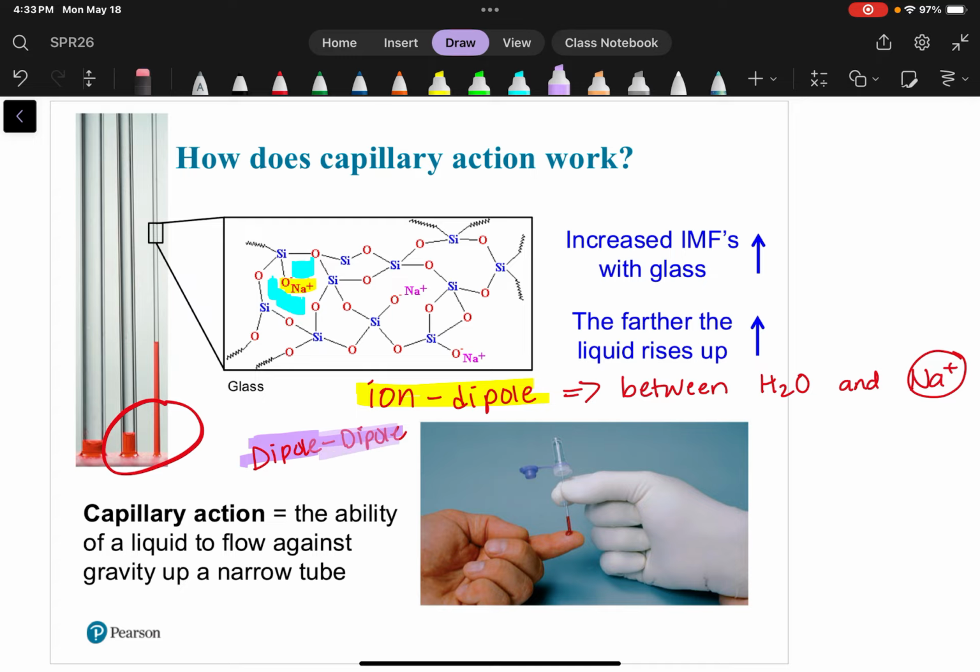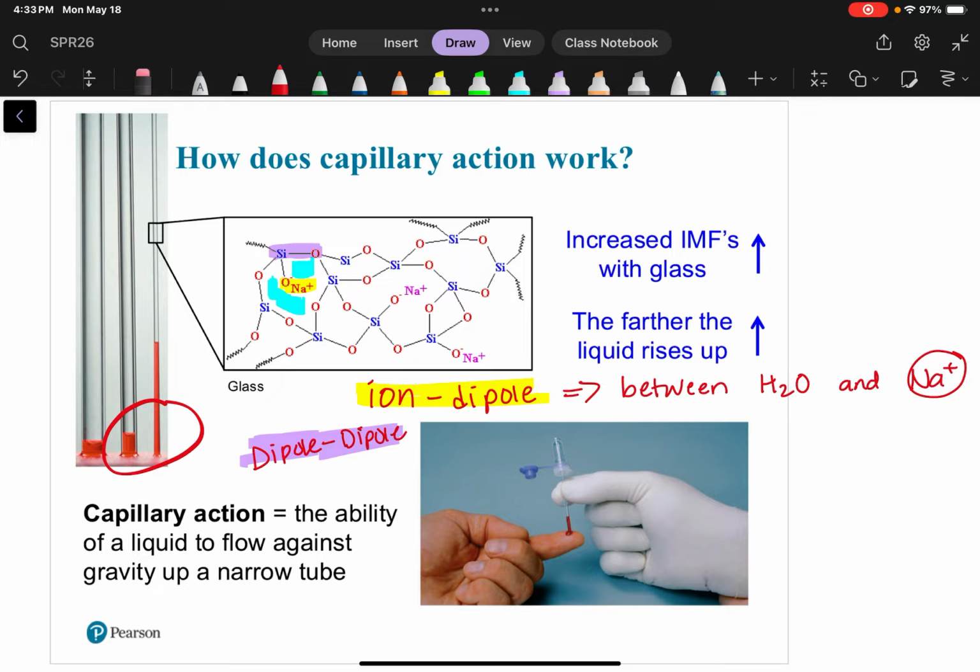And those are the silicon and oxygen bonds, right? Those are polar bonds. If you don't want to take my word for it, you can always look up some electronegativity numbers, figure out the electronegativity difference, and double check. But if you want to take my word for it, they are polar bonds.